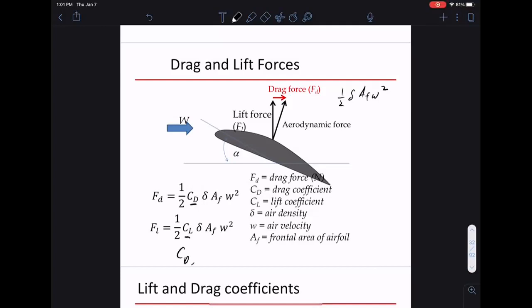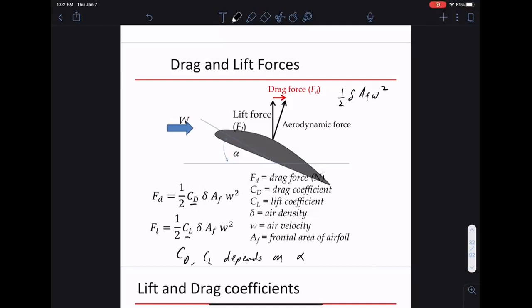These coefficients are functions that depend on alpha, the angle of attack. If you know the angle of attack, you can read out the coefficient and determine the lift force you want to calculate. Any questions about these two equations?